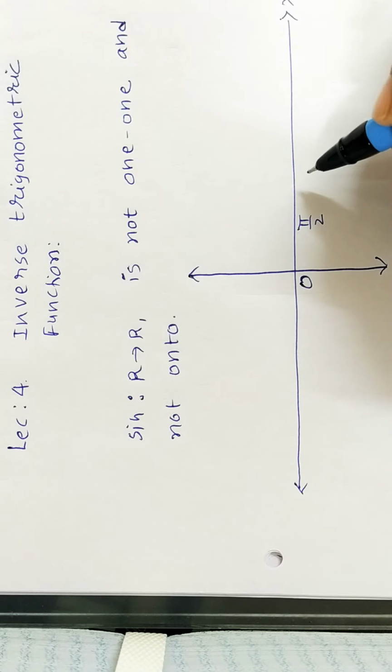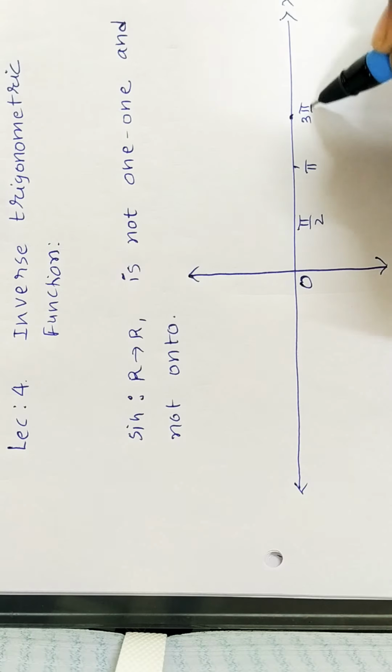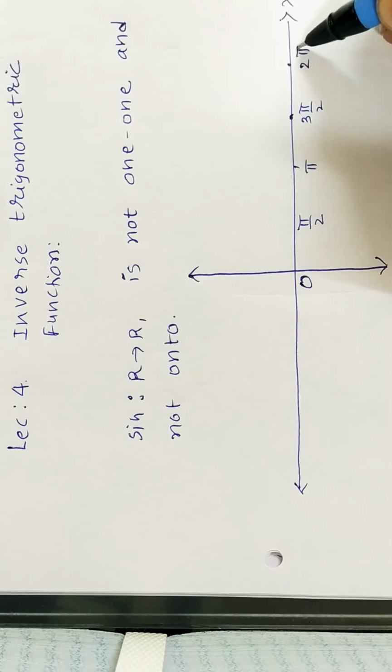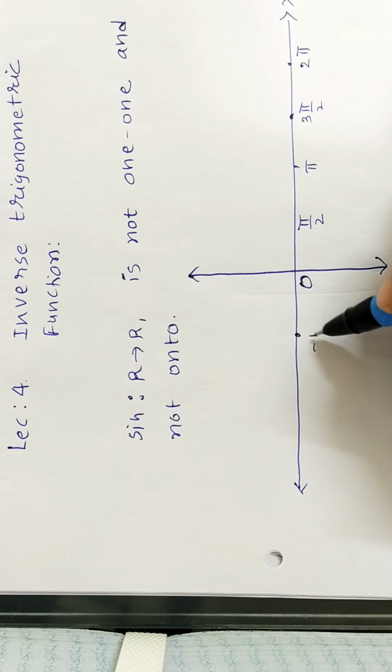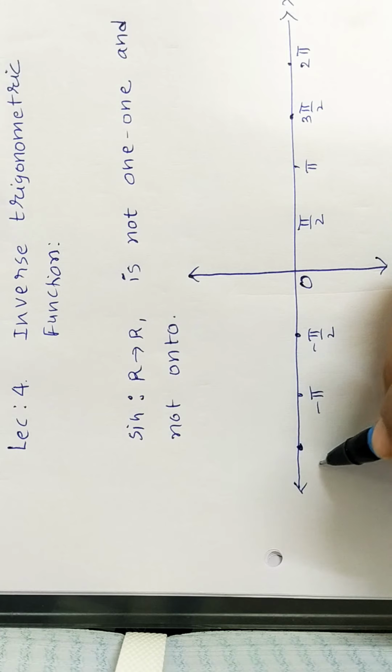Real numbers pi by 2, pi, 3 pi by 2, 2 pi. Similarly, minus pi by 2, minus pi, minus 3 pi by 2, and minus 2 pi.